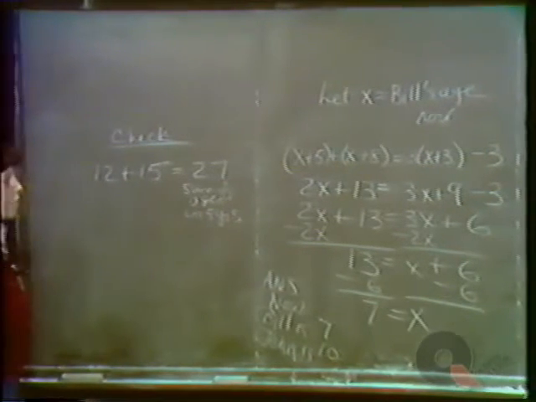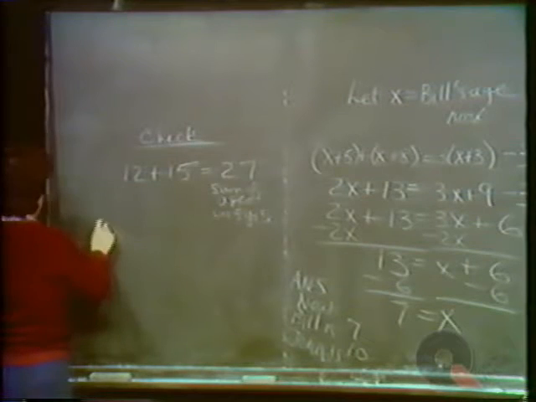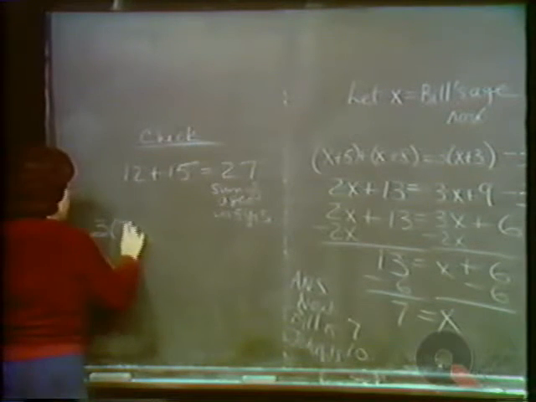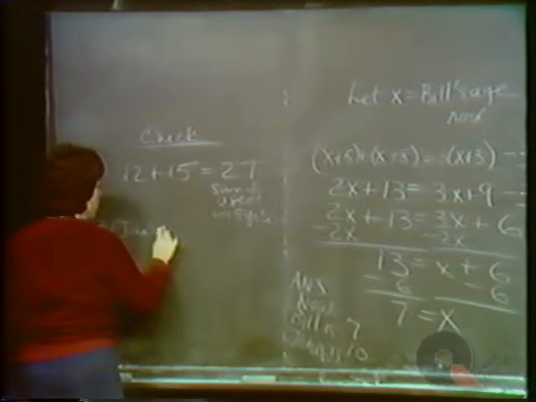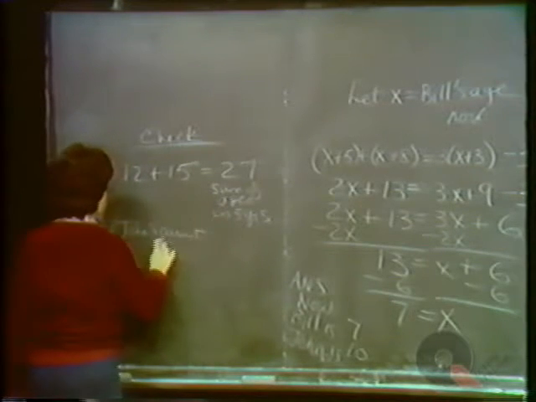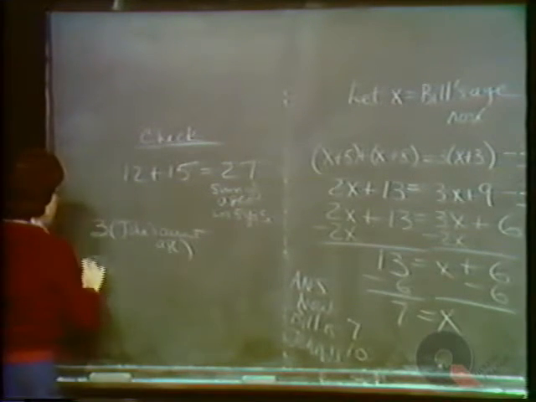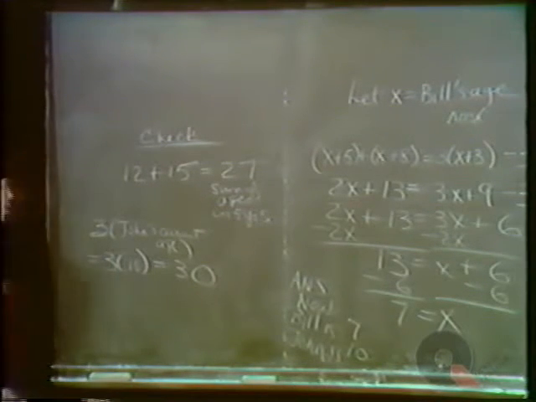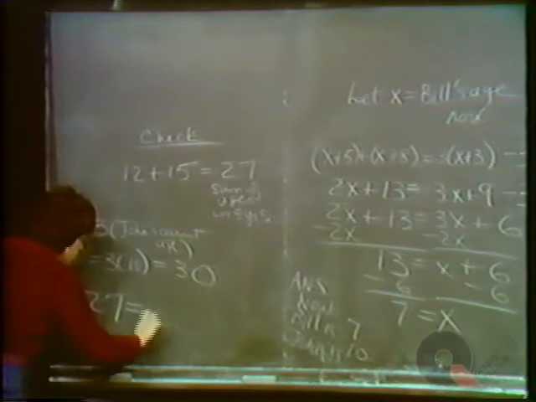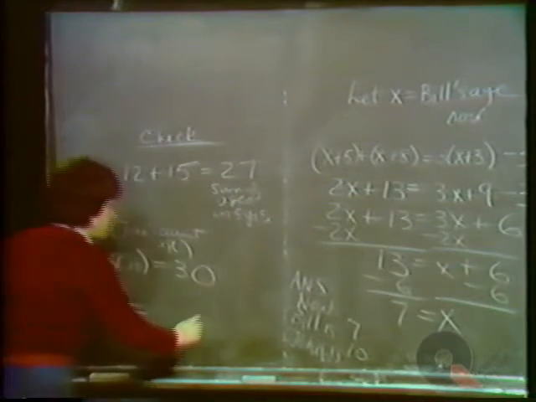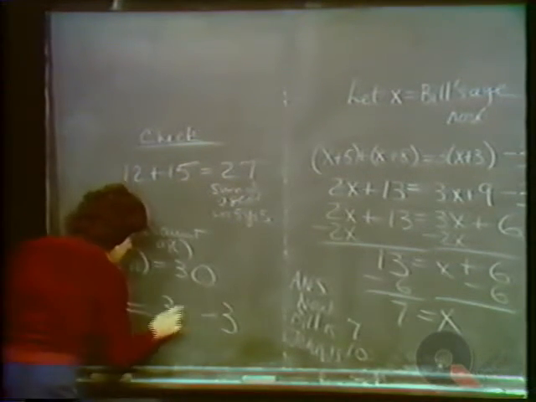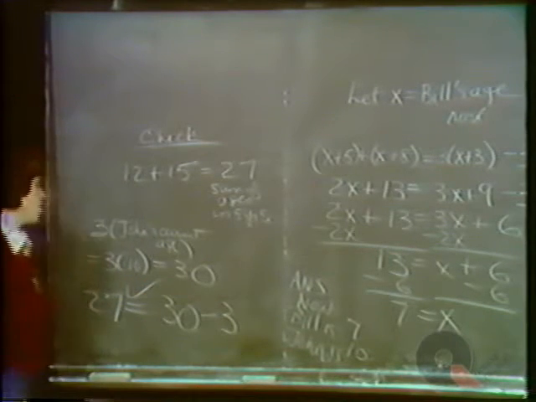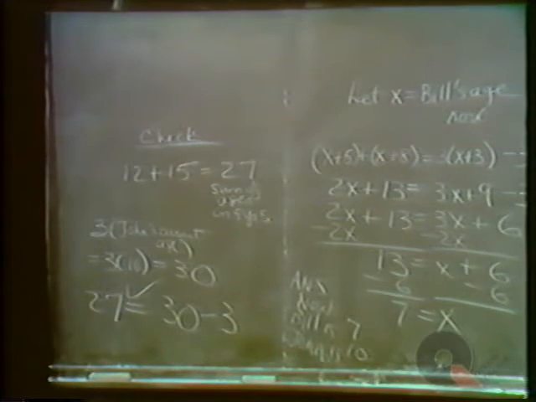That should be 3 less than 3 times John's current age. 3 times John's current age, that's 3 times 10, that's 30. And in 5 years, the sum of their ages should be 3 less than 3 times John's current age, and that does check out. And that brings us to the end of this tape.